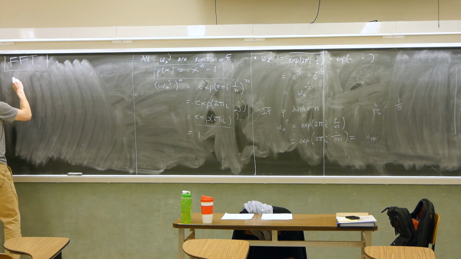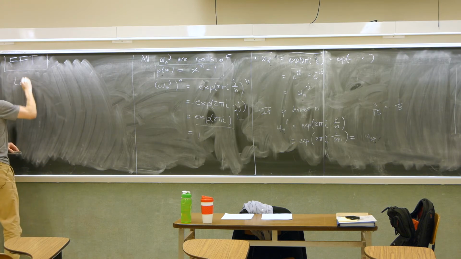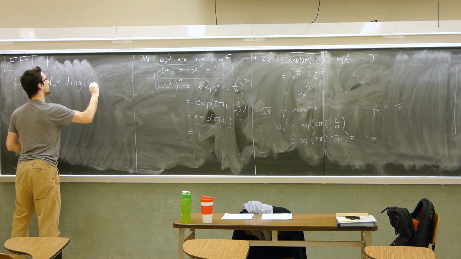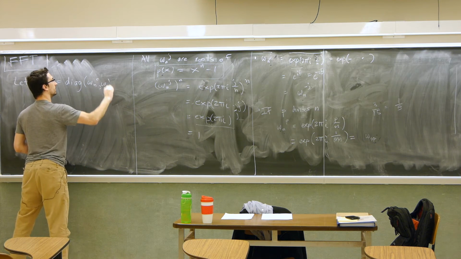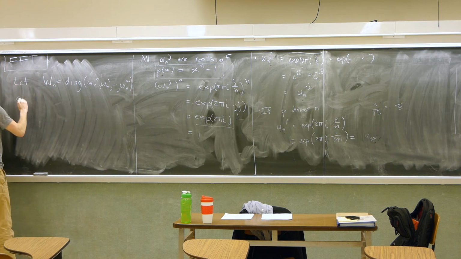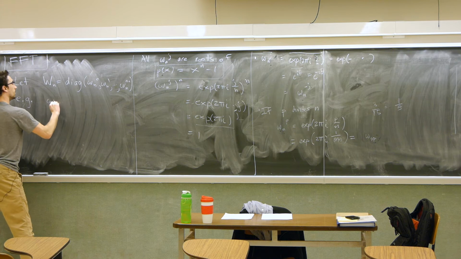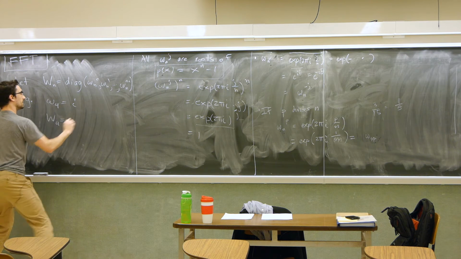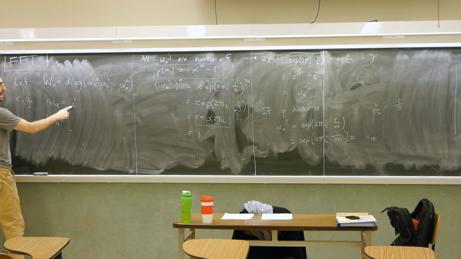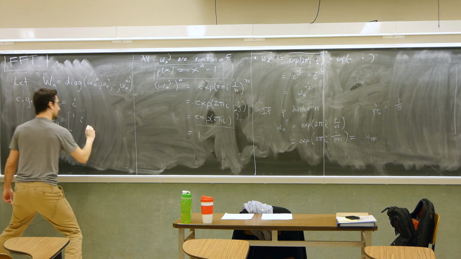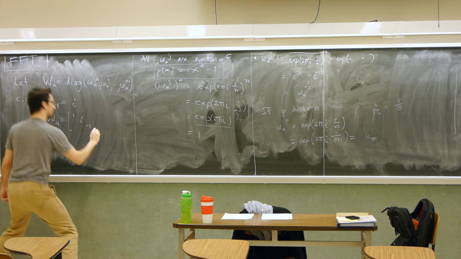So first, let W sub n be the diagonal matrix with the nth roots of unity on the diagonal. As an example, the fourth root of unity is i, and so W sub 4 is equal to, well, i raised to the 0th power is 1, i to the 1st power is i, i squared is -1, and i to the 3rd power is -i.